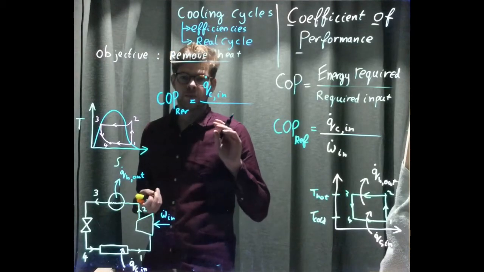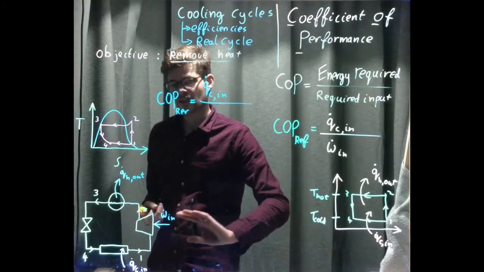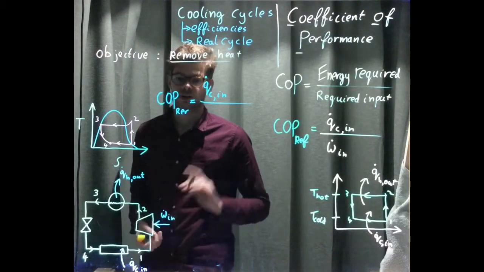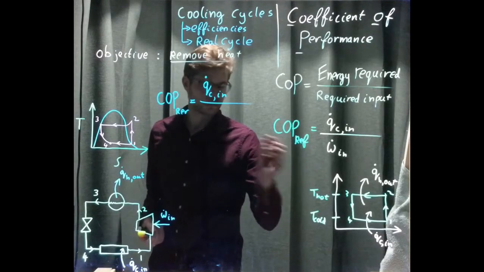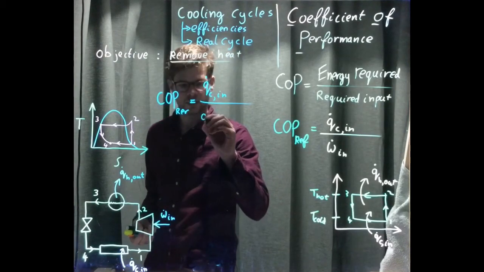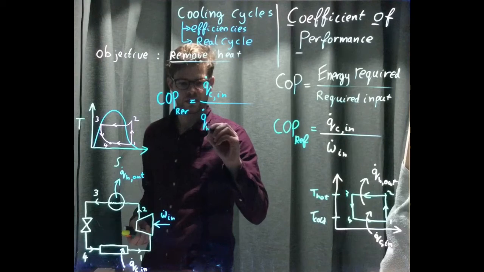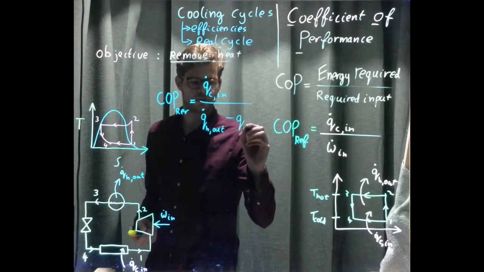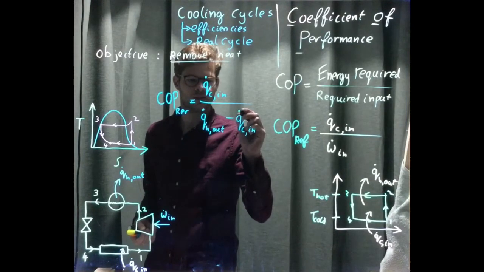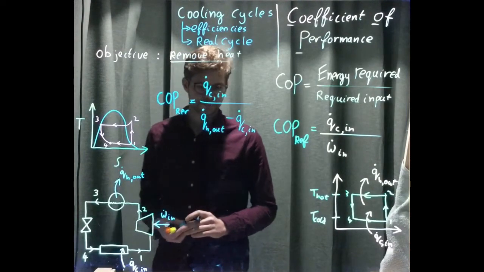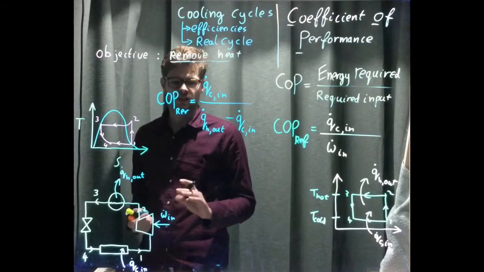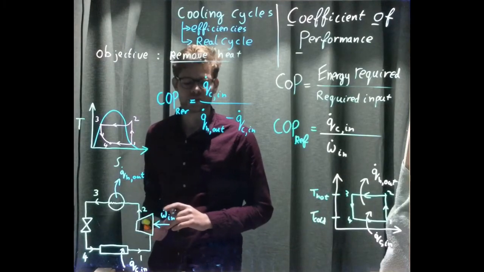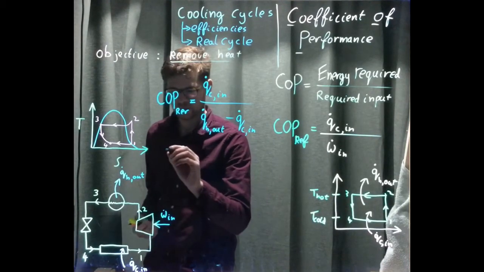So my work input is actually the difference between the hot output of energy and the lower input of energy. So my work is defined as Q hot out minus Q cold in. And now it's just mathematics. I actually just want ones in my equation, so I'm going to rewrite it.